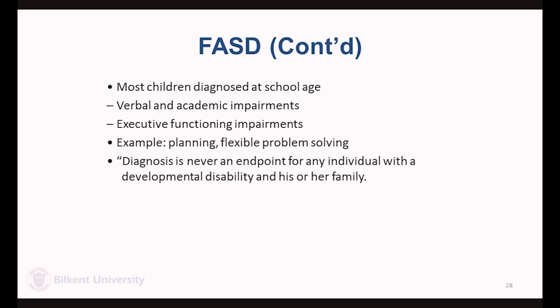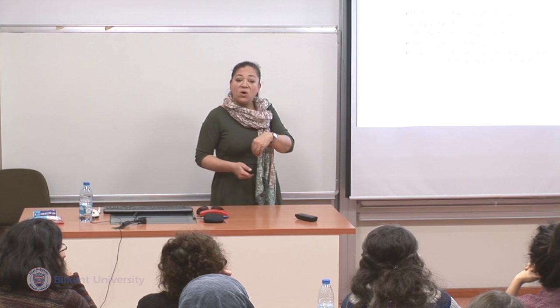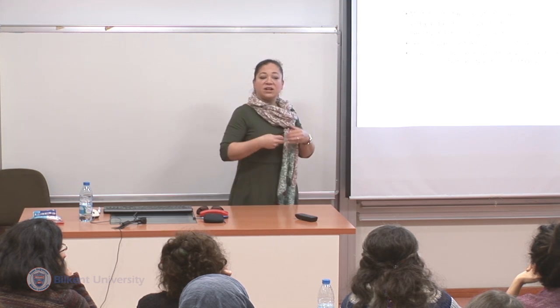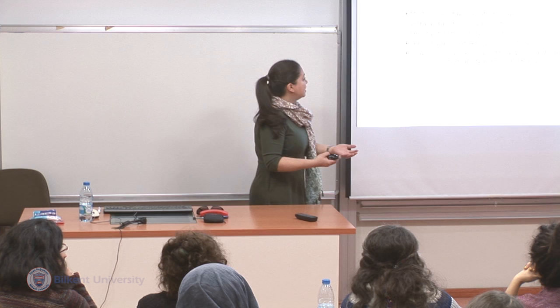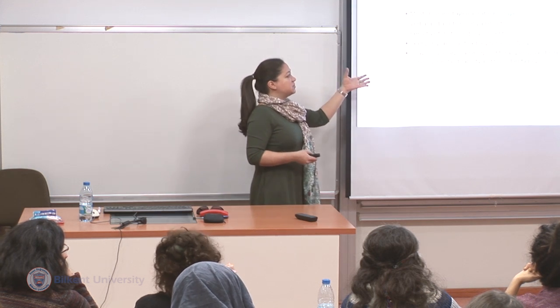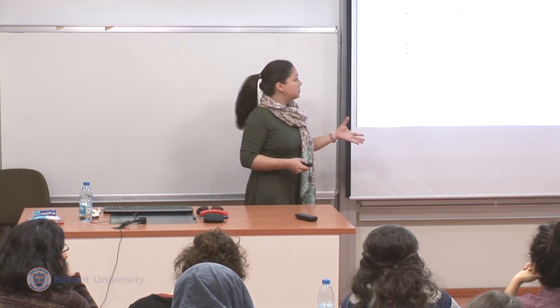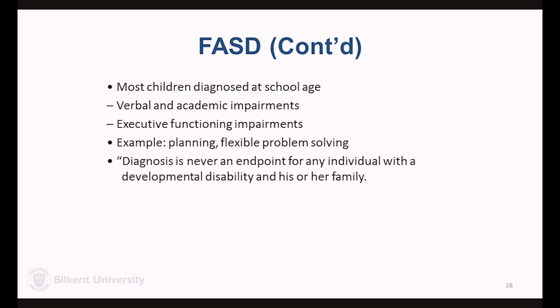The problem is most children are diagnosed at school age because they present with learning difficulties. So a child who's born with FASD may go unnoticed until the child starts school. And these could present themselves as verbal and academic impairments, executive functioning impairments.